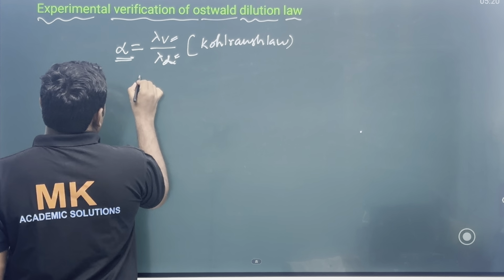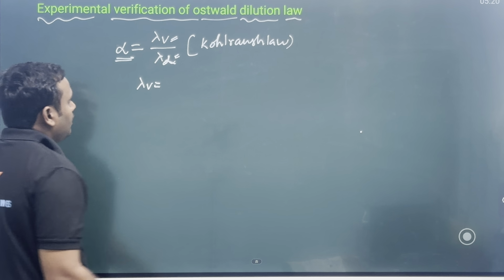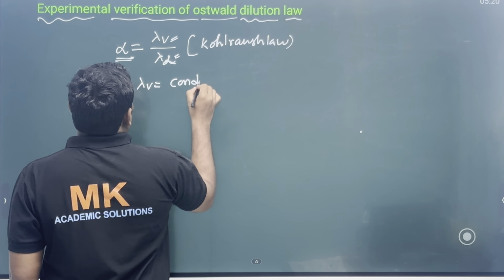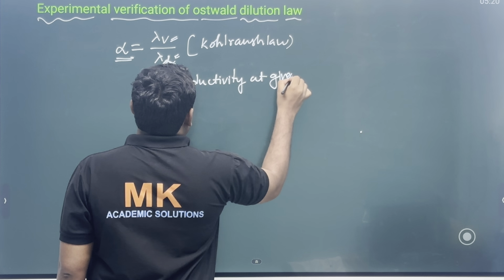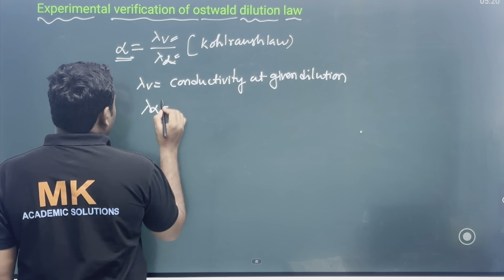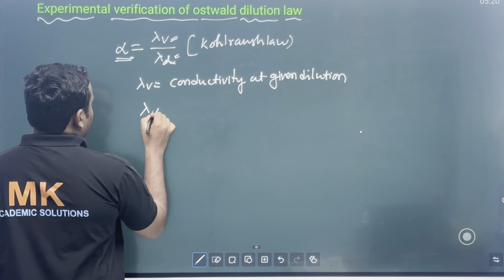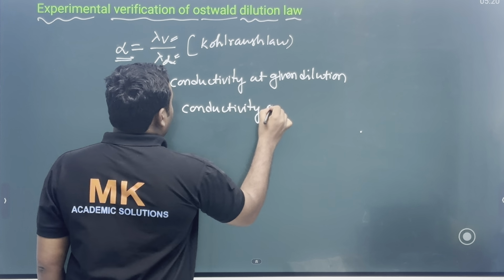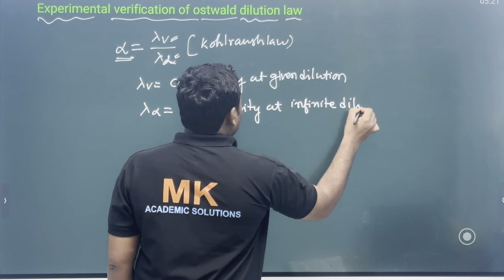Here lambda v is the equivalent conductivity at a given dilution, and lambda infinite is the conductivity at infinite dilution.